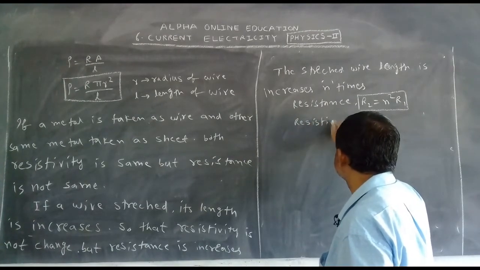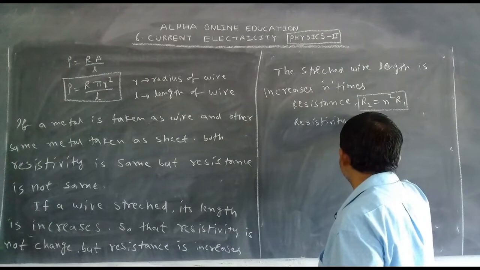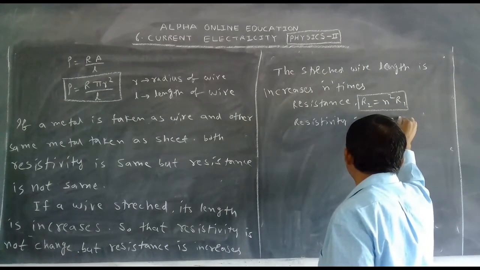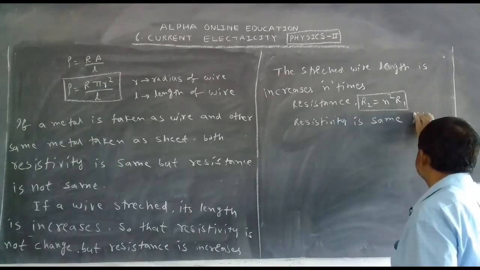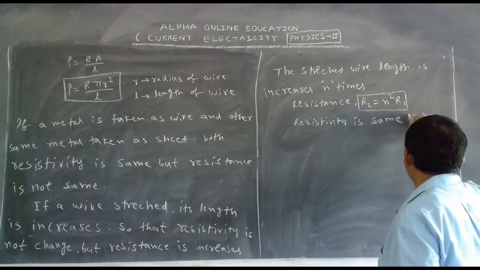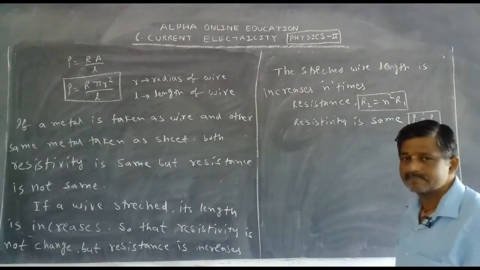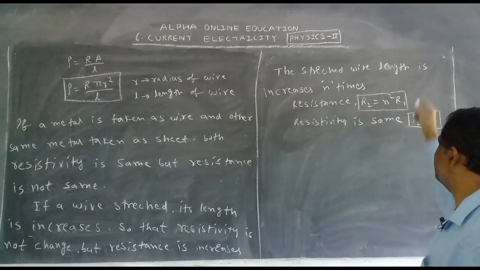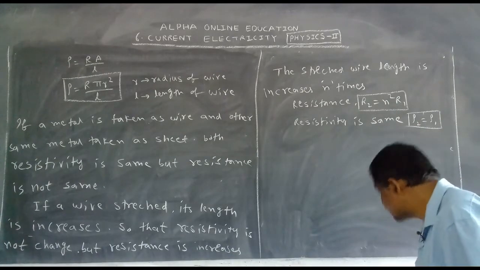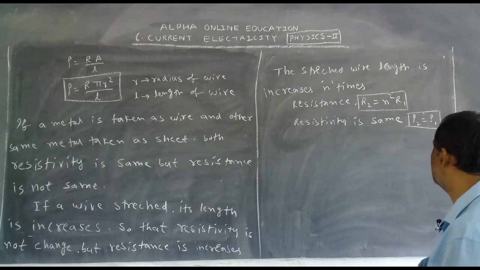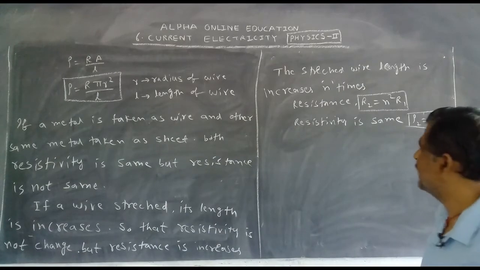Resistivity is the same, meaning resistivity rho 2 is equal to rho 1. Okay? If the stretched wire length increases n times, resistance R2 is equal to n square R1.